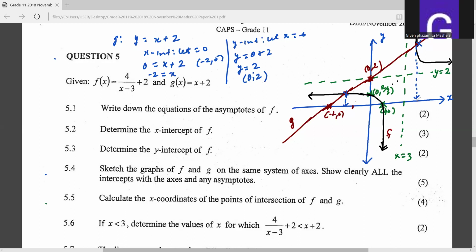You can see that one x coordinate should be a number bigger than 3, and this one should be a number bigger than -2 but less than 0.